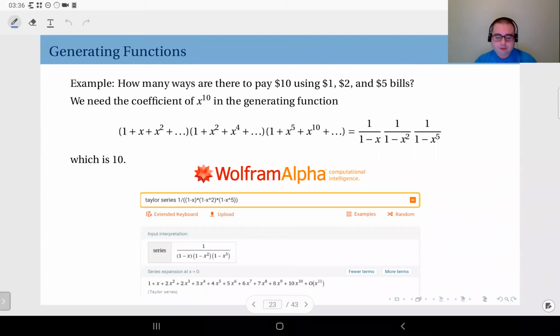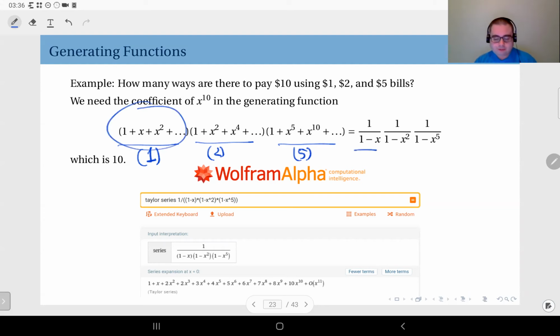50. So the generating function is this multiplied by this multiplied by this. So this corresponds to the ones, this corresponds to the twos, this corresponds to the fives. Okay, so this expression here is 1 over 1 minus x, and this one 1 over 1 minus x squared, and this 1 over 1 minus x to the power 5.